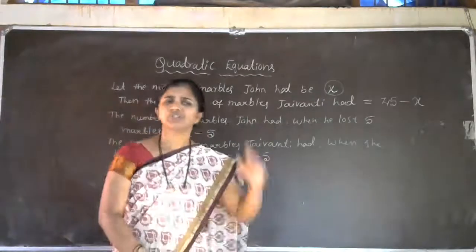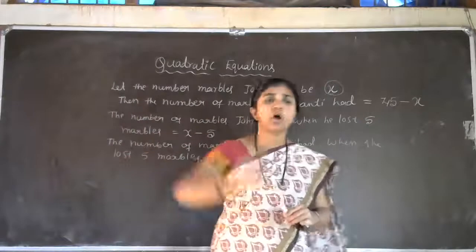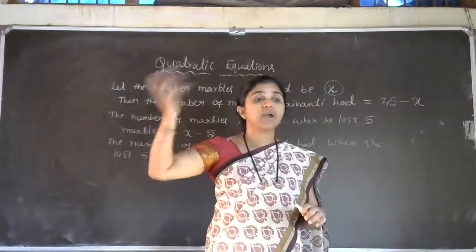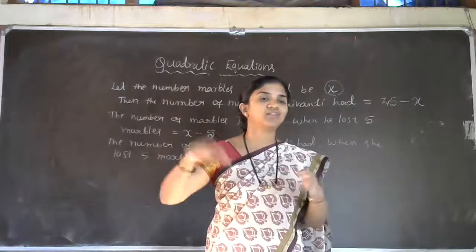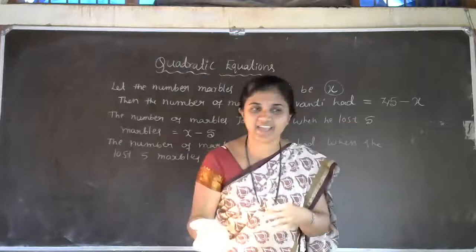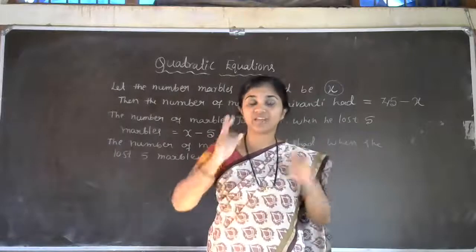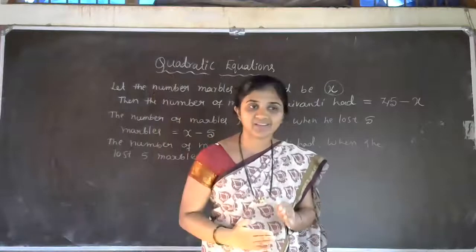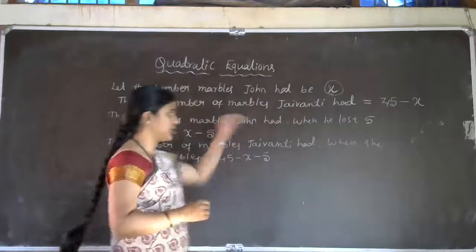Got the idea? So it is like solving the age problem. After 3 years, their father's age will be twice or thrice that of the son's age. So for that, after 3 years, we'll add the 3 years to the age. Now here also same thing we are applying.